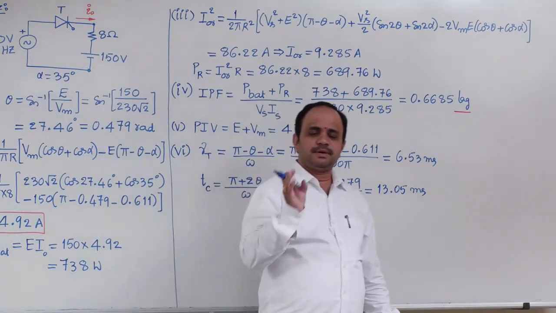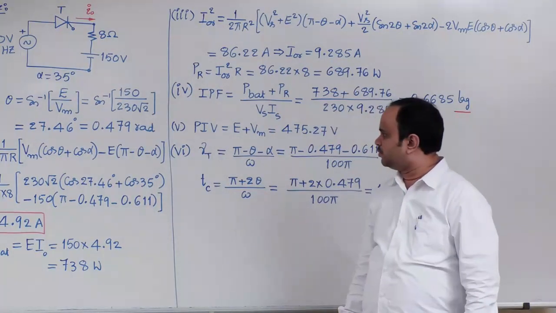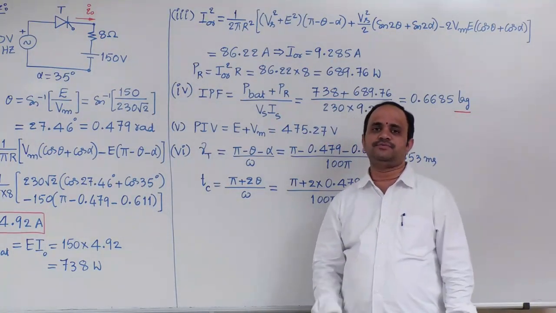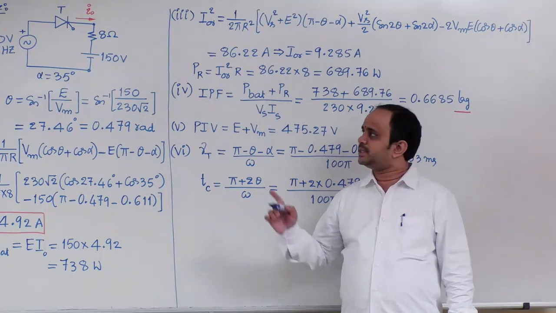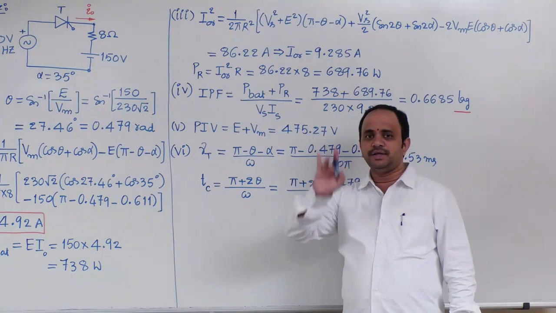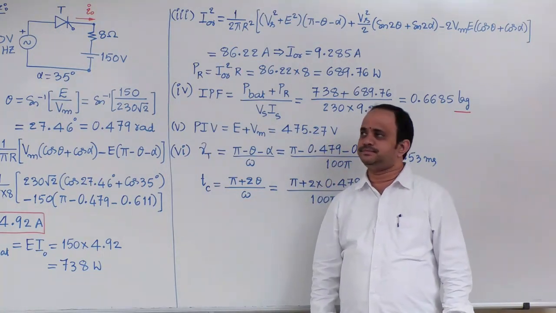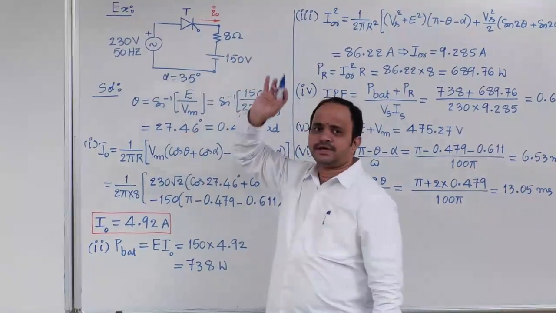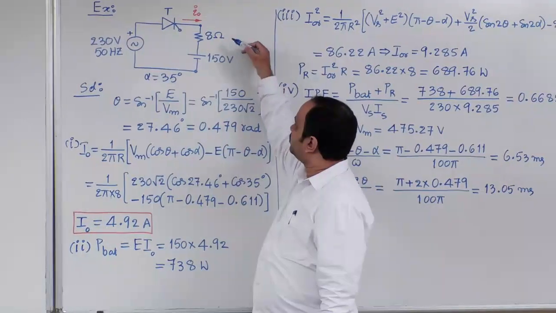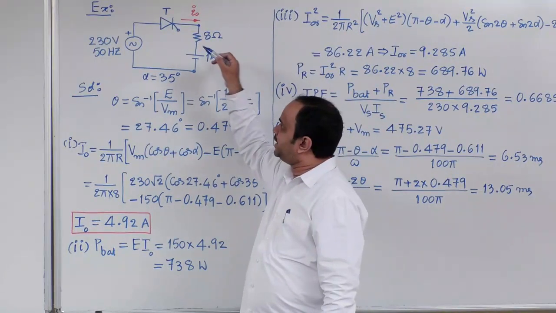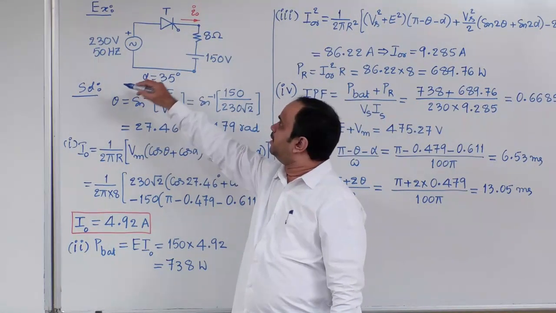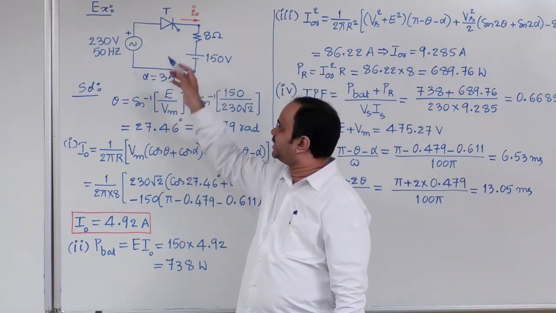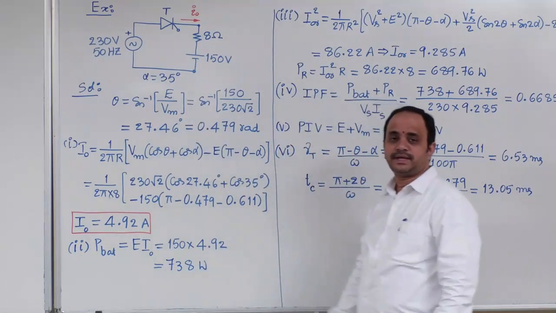Now after this problem, I would like to give you one exercise. Follow carefully. If you observe this problem and the diode RE load in the previous lecture, if you notice carefully, same data I considered. There also 8 ohm, 150 volt and the source voltage is 230 volt. Because SCR is taken as a device, I gave alpha is equal to 35.